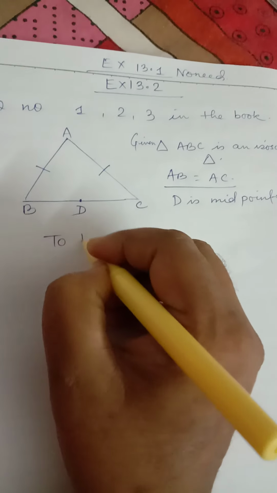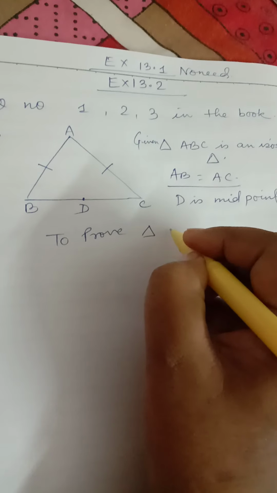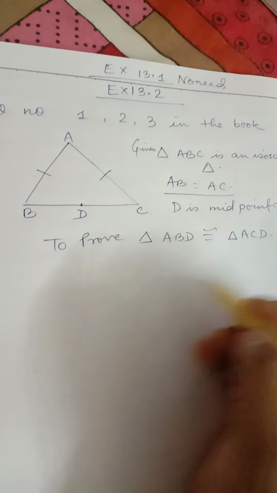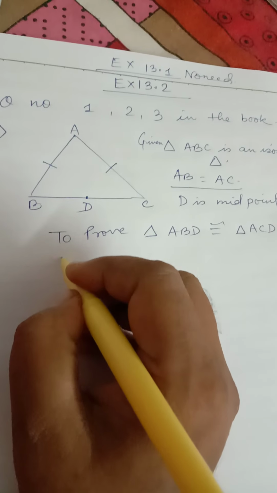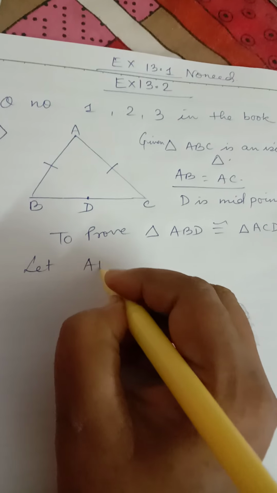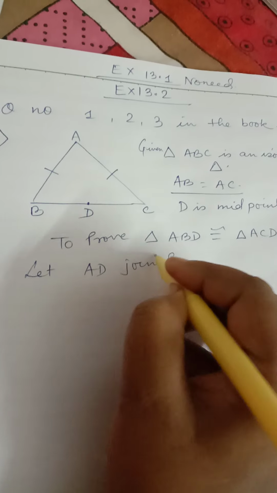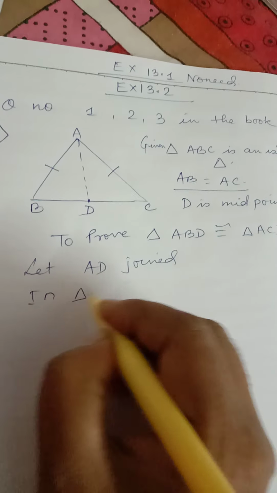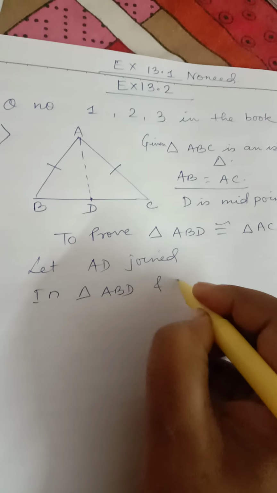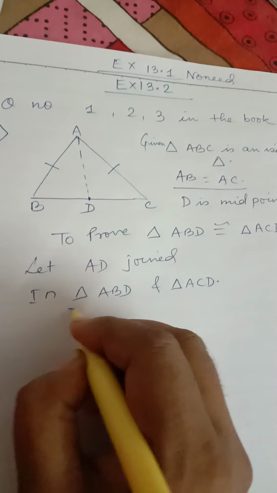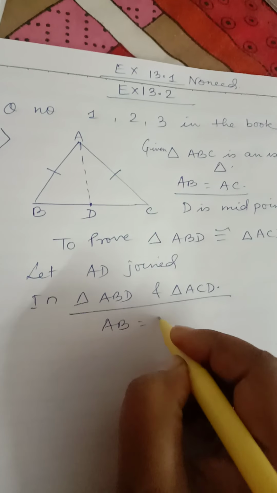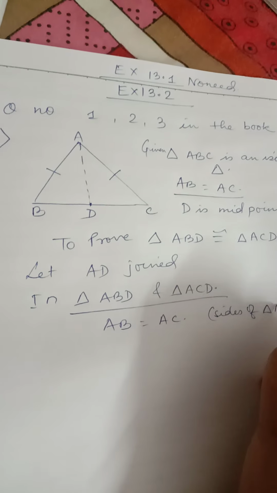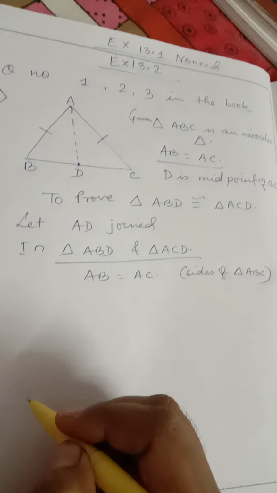To prove: triangle ABD is congruent to triangle ACD. Let AD be joined. Now I am joining this AD in triangle ABD and triangle ACD. AB is equal to AC, sides of triangle ABC, since ABC was an isosceles triangle.